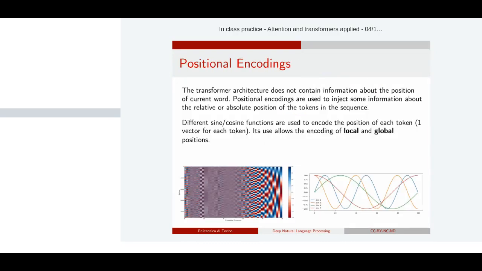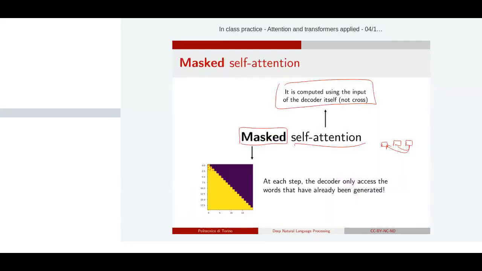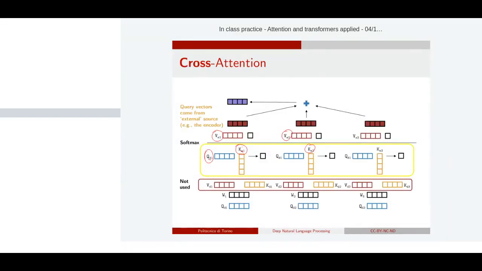Okay. So if it's clear, those are the most important part for the transformer architectures. But if you analyze these operations, the fact that I compute the attention between each word and all the others, if I shuffle the words in the sequence, I will have actually the exact same representations, because they are not dependent on the position of the word in the sequence.